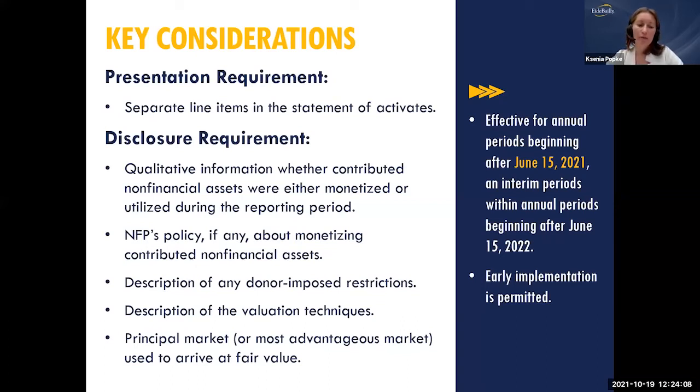But if you think about some of the larger not-for-profits that also operate globally, and especially in the pharmaceutical industry, where the fair value of a vaccine in a region somewhere in Africa might be quite different than the fair value of that same vaccine in Seattle, that would actually have a significant impact on the financial statements if the principal market fair value was to be used versus just the local market of where the not-for-profit is incorporated.